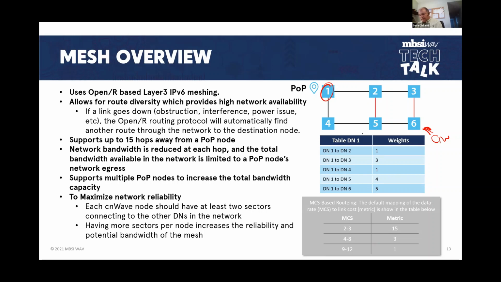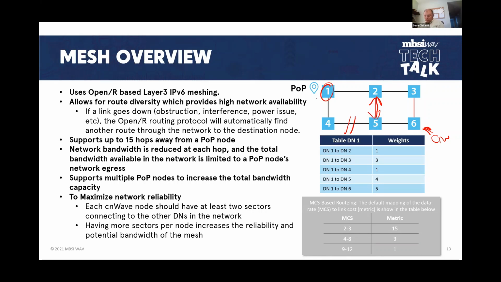It tries to enable the smallest weight first, the shortest route from a time perspective first. So in my case here, normally the route would be 6 to 5 to 4 to 1 in order to get to the internet as quick as possible. If something were to happen to, say, that node right here, the mesh would immediately take over and reroute my traffic. So my new route would be 6 to 5 to 2 to 1.